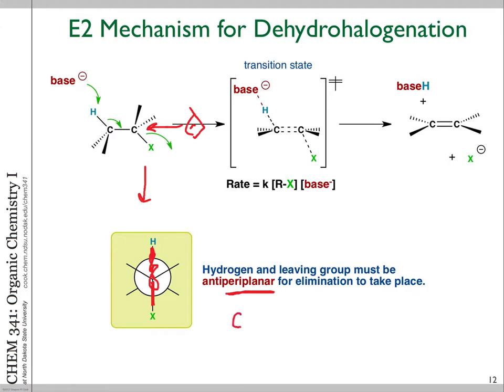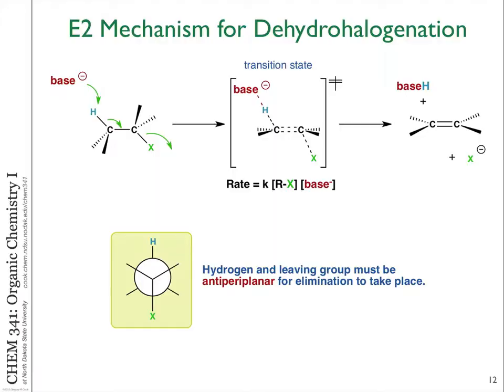Your book calls this coplanar, so you might see that listed as a coplanar situation. And in order for this elimination to occur, it has to be anti. So an anti-coplanar or anti-periplanar alignment is necessary for this elimination to occur via an E2 mechanism.